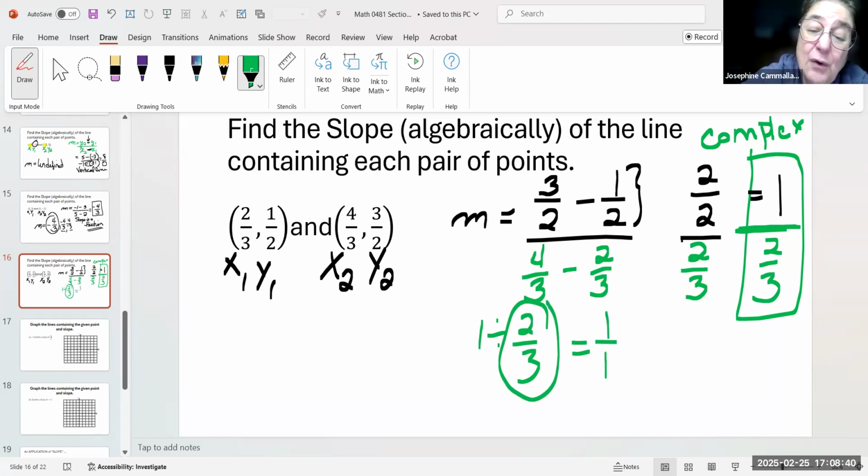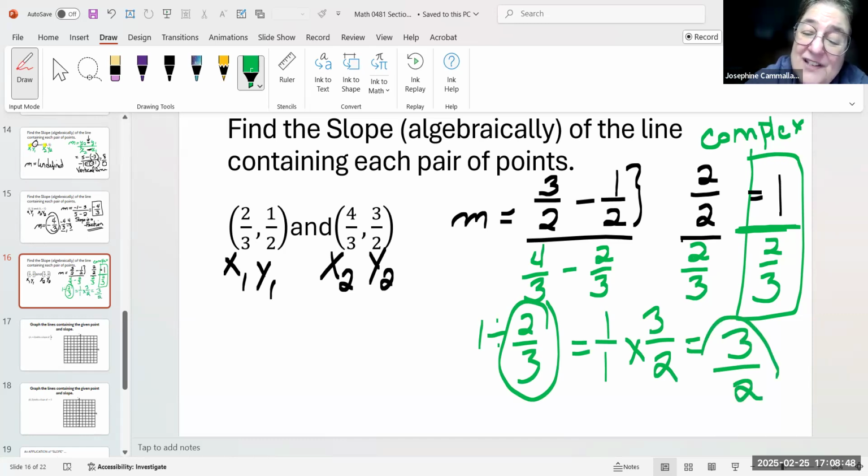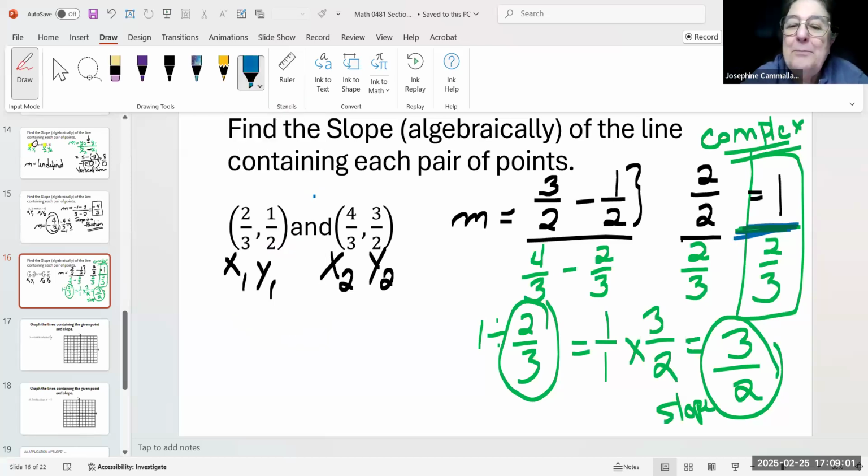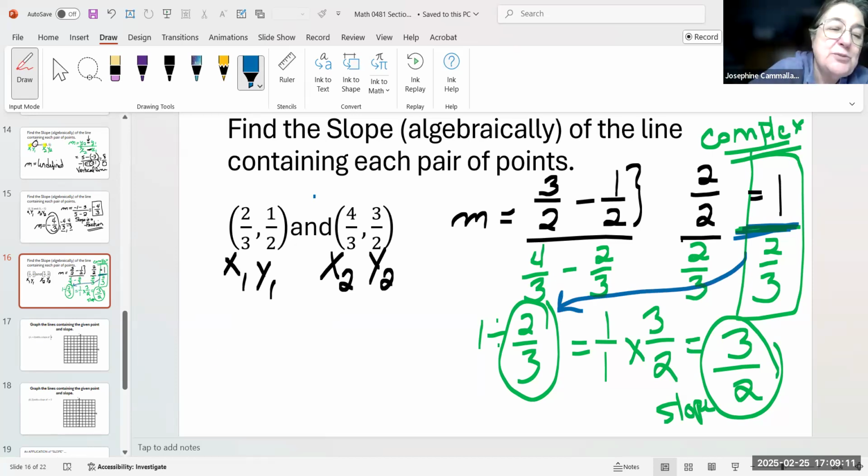This is 1 over 1 times 3/2, or 3/2 is my slope. You cannot leave it as a complex fraction. This line means divide. You've got to come over here and do the divide, which means my slope is 3/2.